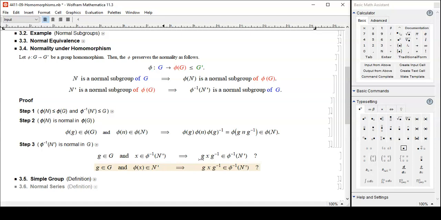Same with this. The conjugation belongs to this preimage means the function value phi of this conjugation belongs to N prime. That's what you have to prove. So can you do that?